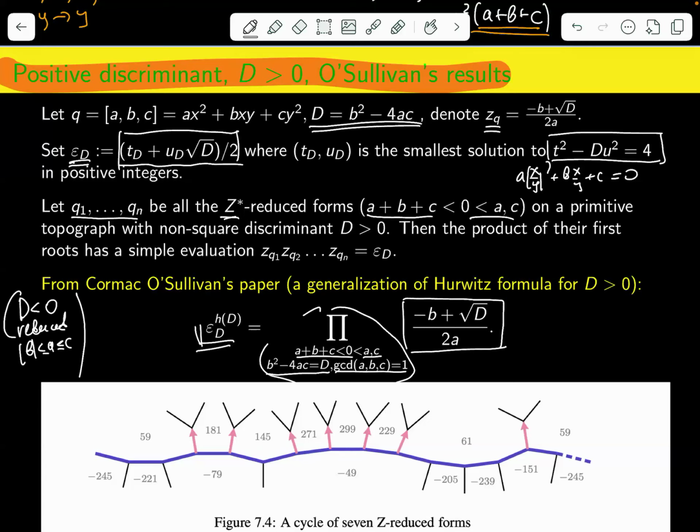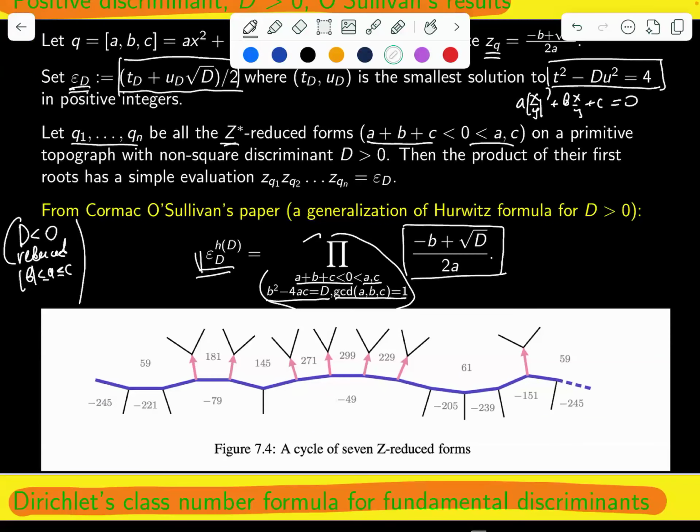And these forms are easily seen on the topograph. You remember, we have a topograph for this form with positive D. If D is positive, your form is something like x² minus Dy², for example. So it assumes both positive and negative values, and you can draw the river.